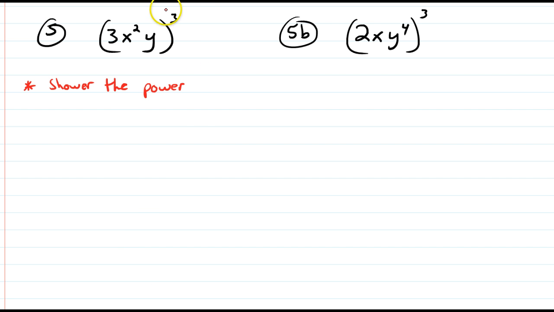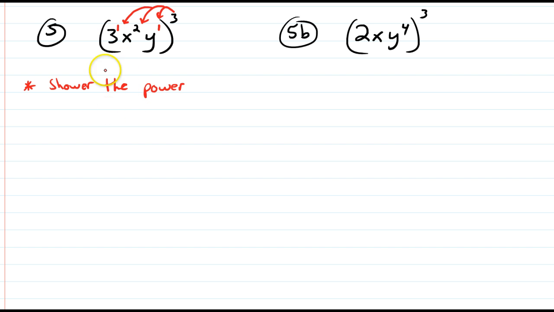Alright, the last example we're going to look at real quick is when you have parentheses raised to an exponent. What we do here is shower the power, and that means we're just going to distribute our exponent in. Right now this has an exponent of 1, of 2, of 1, and so this 3 gets showered in to all the exponents.